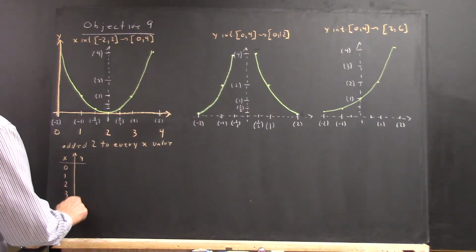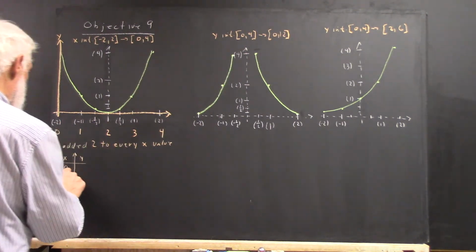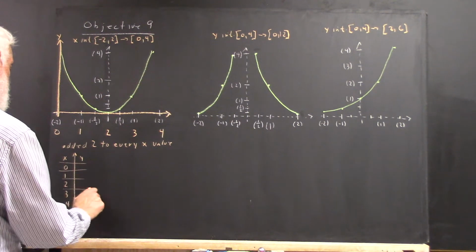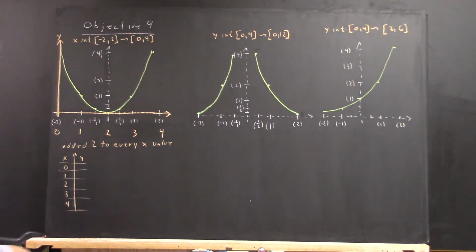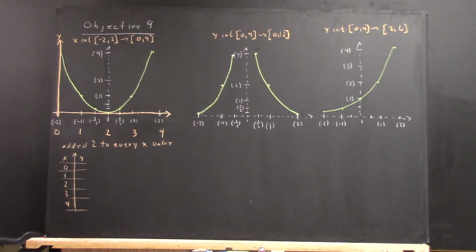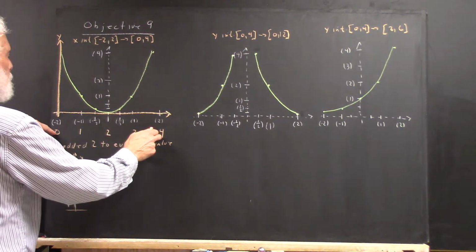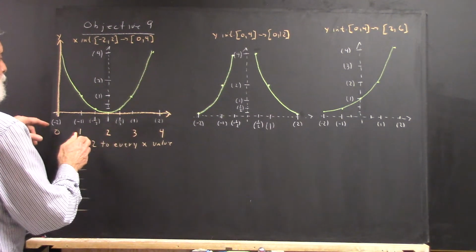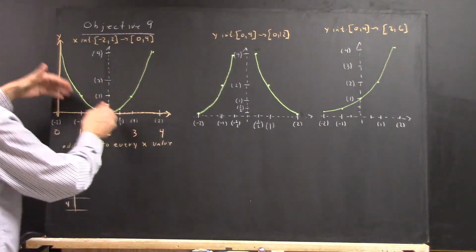I'm not going to include the numbers that correspond to -1/2 and 1/2 just for brevity. But it would be a good idea to do that. Okay? The y values are going to be the same at 0, 1, 2, 3, 4 as they were at -2, -1, 0, 1, and 2 for the original function.